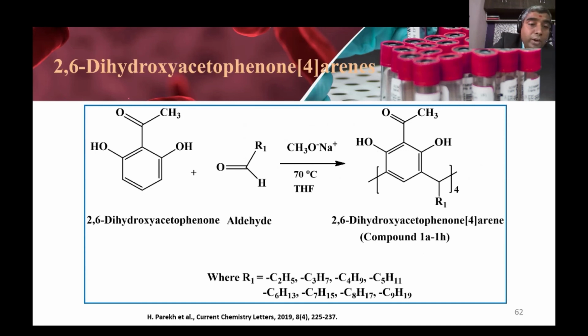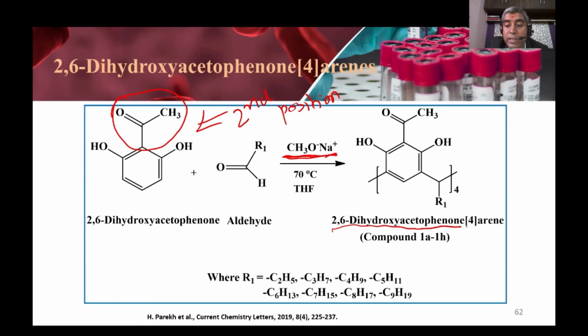An electron withdrawing group at the second position of resorcinol is very difficult to cyclize, but in the presence of sodium methoxide as base, it cyclized and yielded 2,6-dihydroxyacetophenone[4]arene. This compound is used for amino acid recognition.